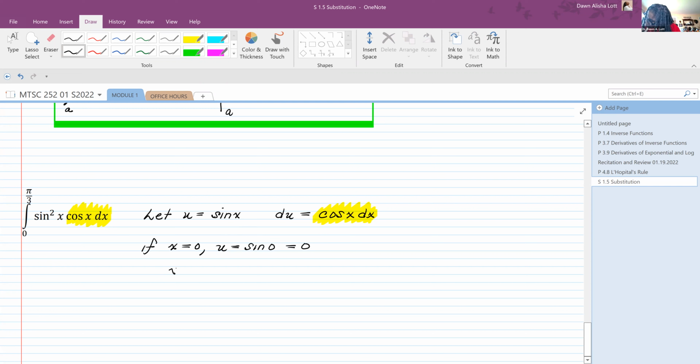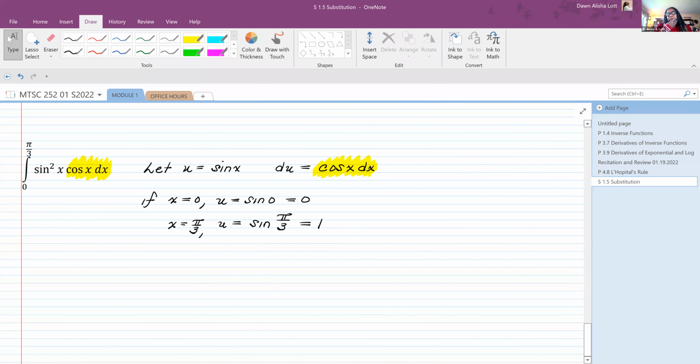And if x is equal to pi over 3, u is equal to the sine of pi over 3, and that's just 1. Okay, so sine of pi over 3 goes all the way up here. That y value is 1.